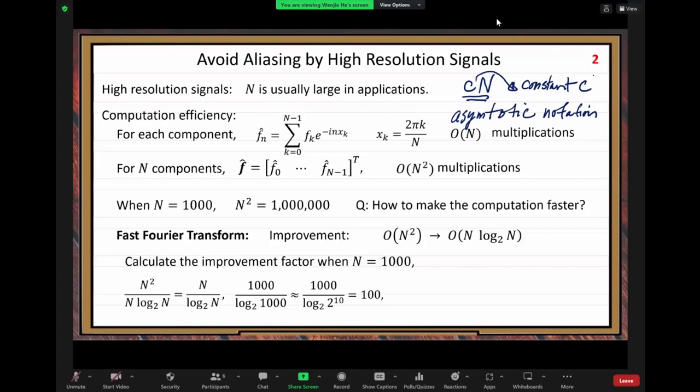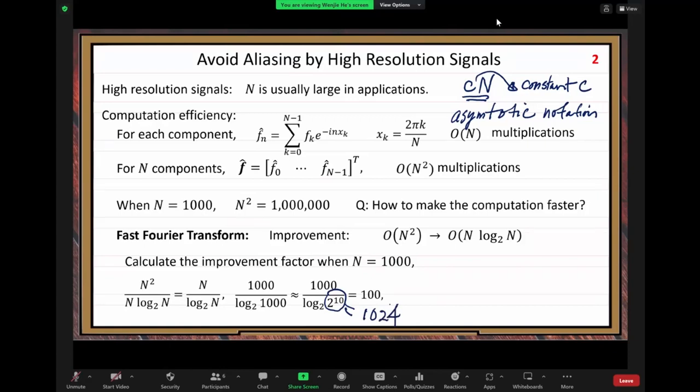The numerator, we know 1,000 is approximately equal to 2 to the 10th. In computer science, we know 2 to the 10th equals 1,024, very close to 1,000.